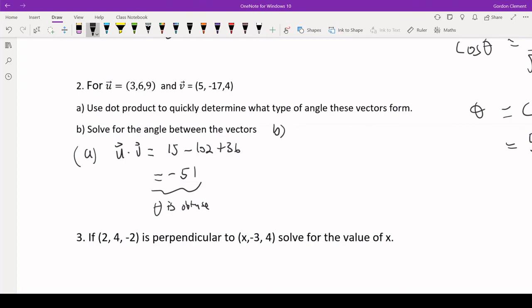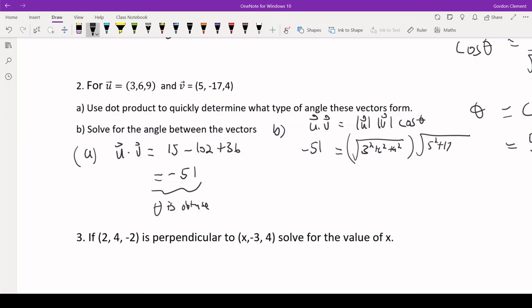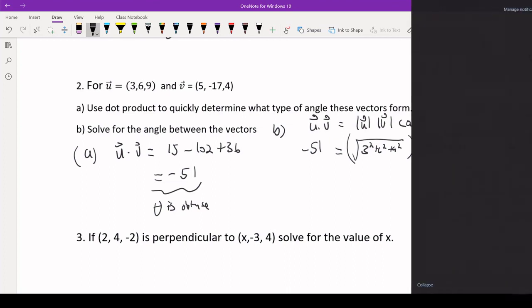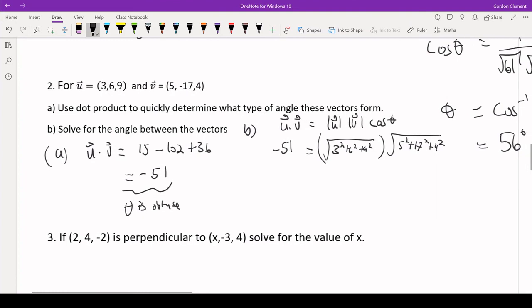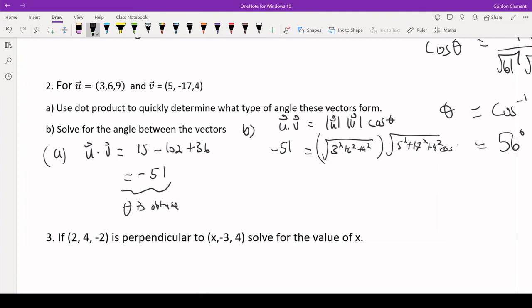And then part B is going to work pretty much exactly the same. We're going to start with the definition formula, and we're going to solve for theta. So we know the answer is negative 51. Magnitude of u is 3 squared plus 6 squared plus 9 squared in a square root. Magnitude of v is 5 squared plus negative 17 squared, but the negative is going to go away anyway, so I won't even write it, times the cosine of theta.